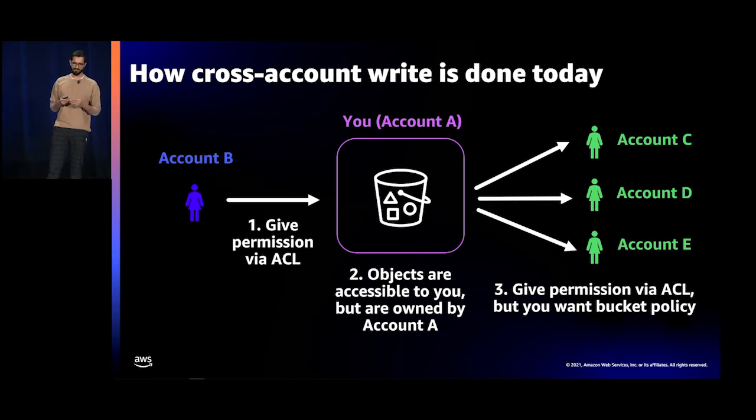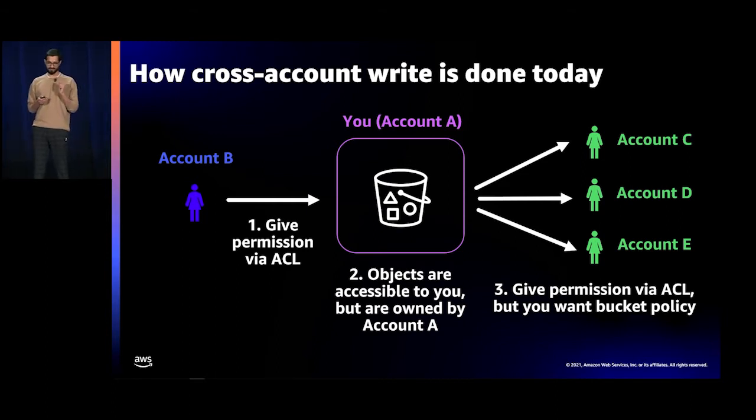Then you have account B, which is an external account. It can be your application sitting in an external AWS account, or a third-party application like Databricks or Terraform writing objects to your bucket. Now for the write to succeed, account B needs to give you the permission to read the object through an access control list.